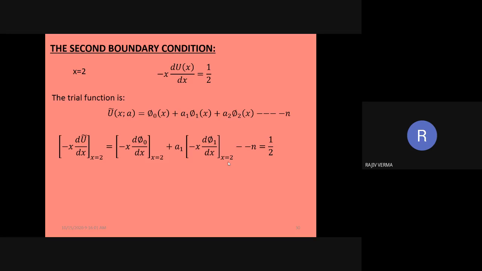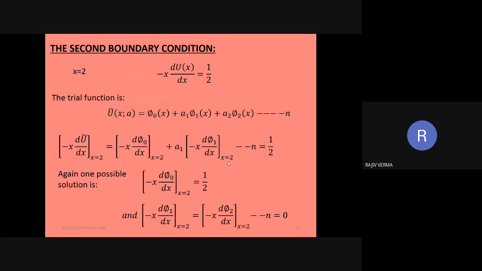And then again, the other possible solution is that this boundary condition is satisfied by phi naught itself, and the rest of the terms such as d phi 1 by dx, d phi 2 by dx, etc., are themselves 0.